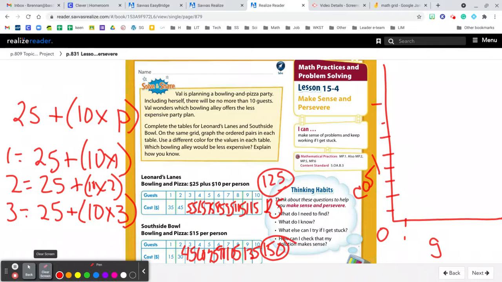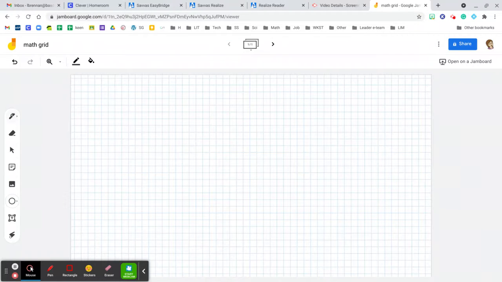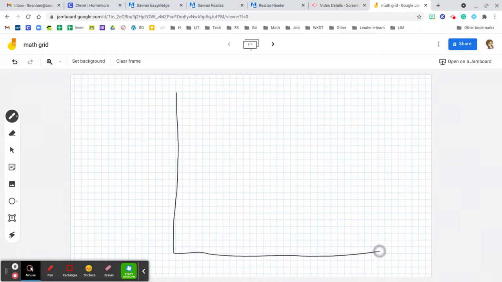I probably, if you actually had graph paper in front of you, let me see if this will work. If I put the graph paper in front of me and I wanted to do this, I would get rid of that. Clear frame. I would take my pen and decide where I want. I would be using a ruler for this, not my wiggly finger.